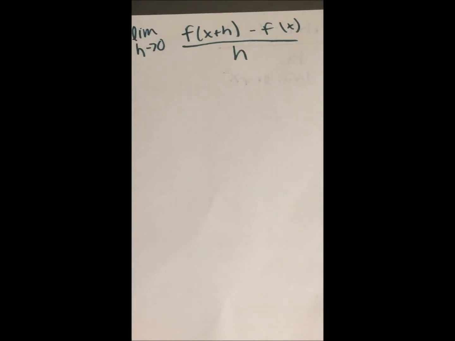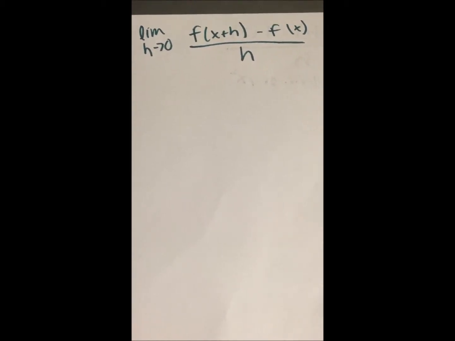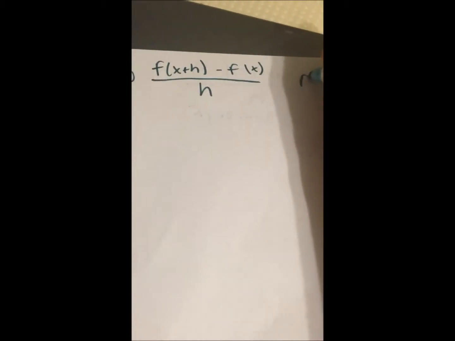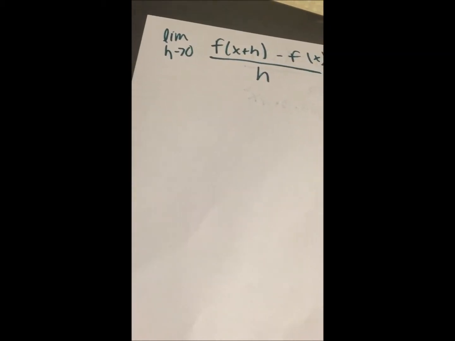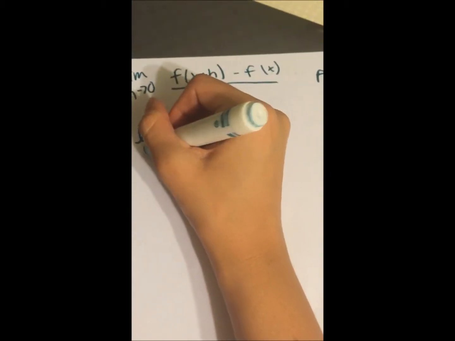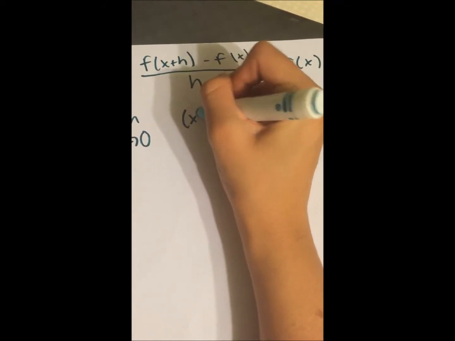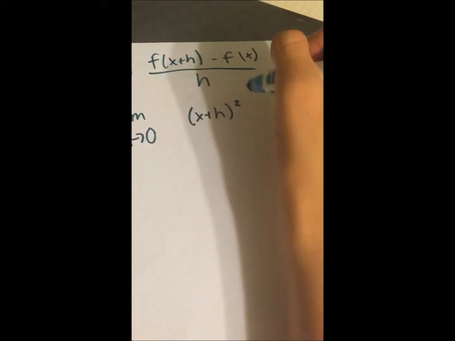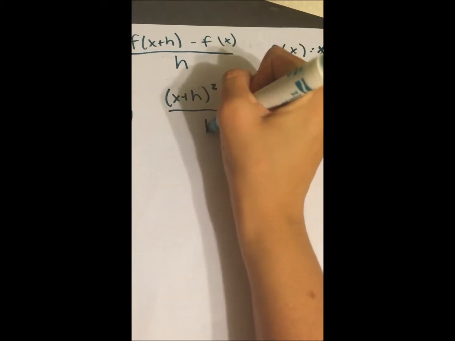Okay, so the first problem is using the formal definition of a derivative to find the derivative of f of x equals x squared. The first step is to plug in to the formal definition. So you have the limit as h approaches 0 of (x plus h) squared minus x squared all over h.